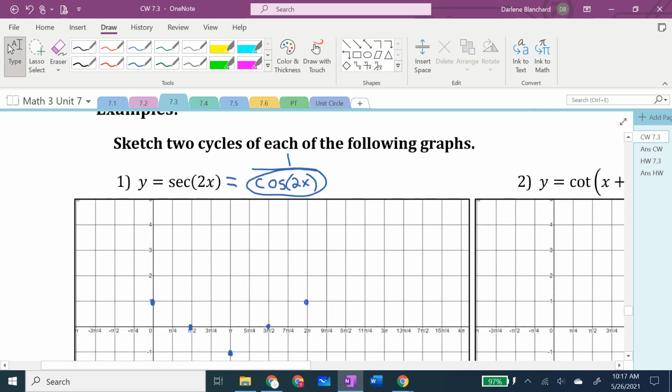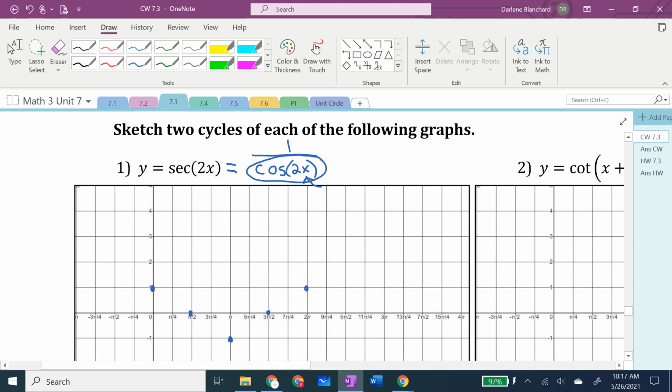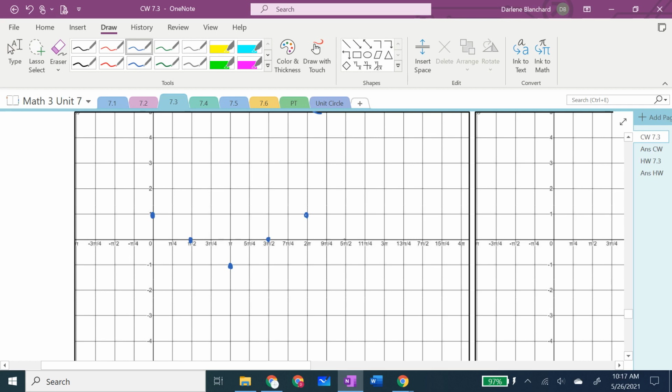If you want, you can deal with the multiplication by 2 directly on your cosine graph. So first I'm going to finish putting more of these dots.